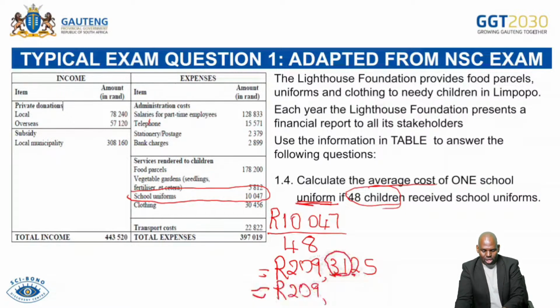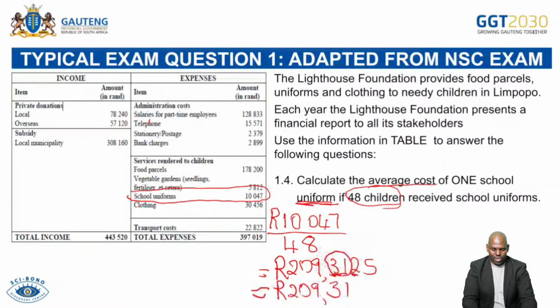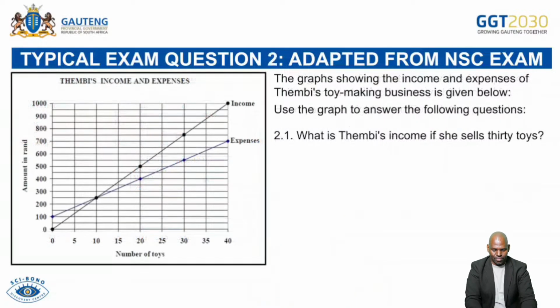If the digit next to it is 5 or more, then it will change to 32. But the digit next to it is less than 5. So therefore, this will remain as 31. Then we get 209 rand and 31 cents. That is how we're supposed to calculate this number 1.4.